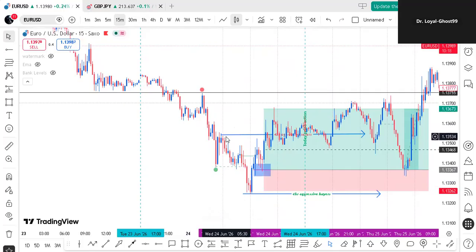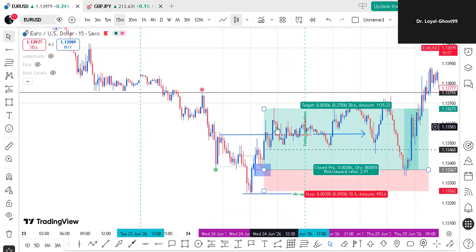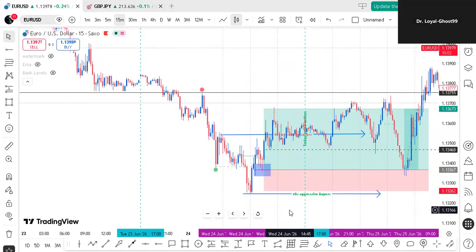As you see, this was our highest price and the lowest price. Price either breaks out and continues to trend upwards above the range, or breaks out and fails, comes back to the range, and continues to push downwards. What do we have here?